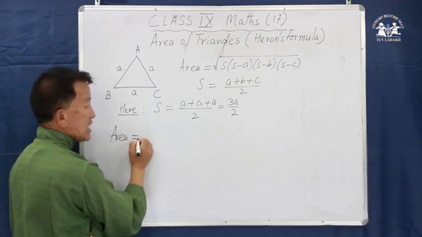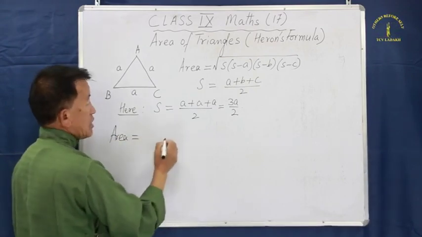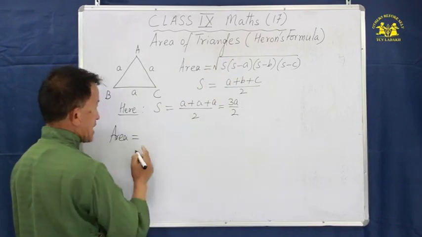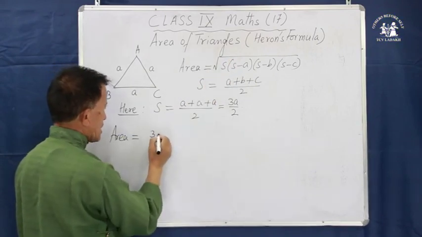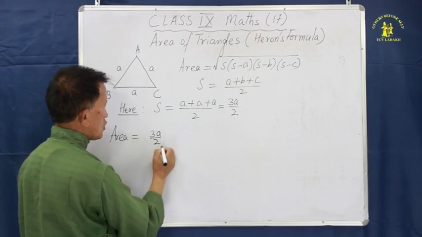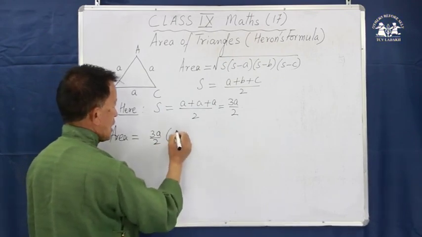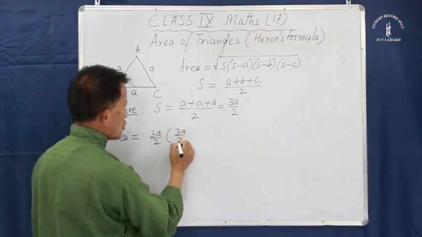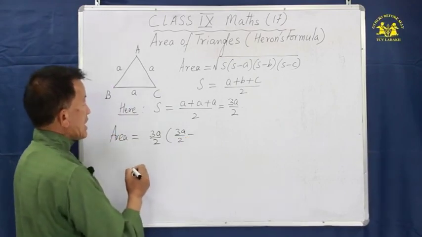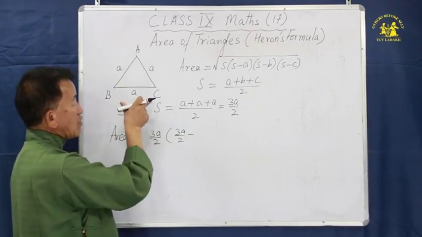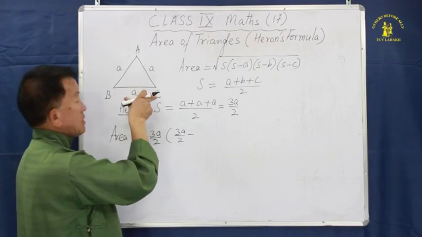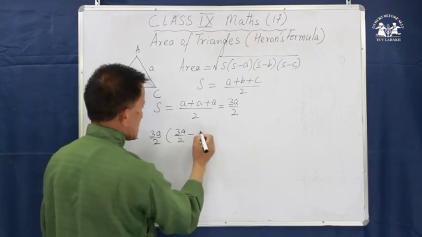Area of equilateral triangle is equal to, using Heron's formula, S. What is the value of S? S is 3A upon 2, into 3A upon 2 minus A, where A is the length of one of the sides of the equilateral triangle.